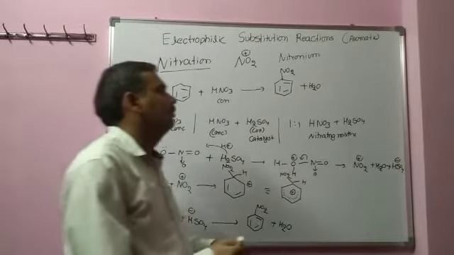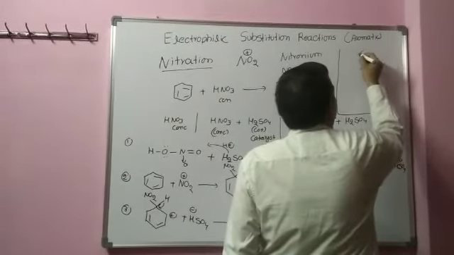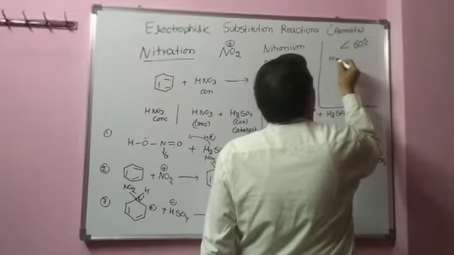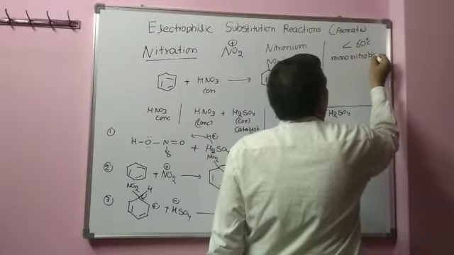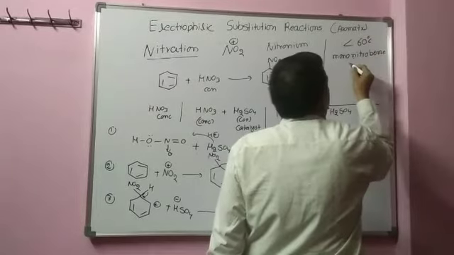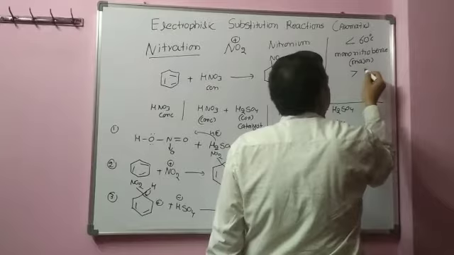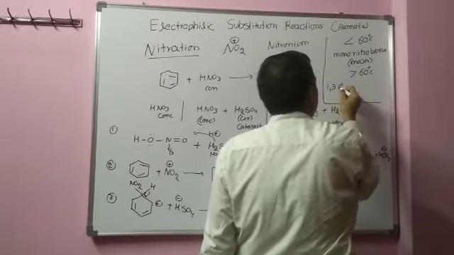One important point to remember: if the reaction is below 60 degrees centigrade, we will get mononitrobenzene as the major product. If the reaction is above 60 degrees centigrade, we will get 1,3-dinitrobenzene.